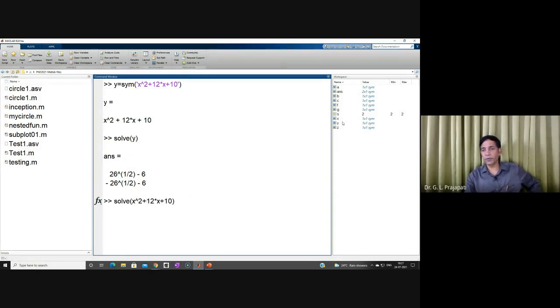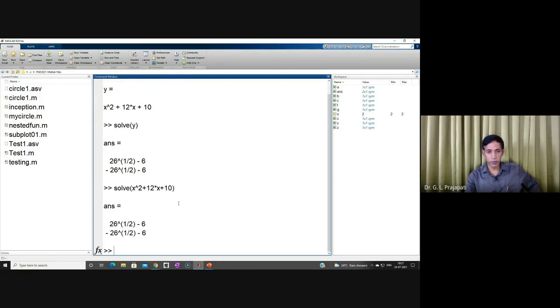Since x you have already defined as symbolic, and this is an expression, it means this is a symbolic expression. So if this is a symbolic expression, you don't require the single quote. So if you solve this, you will also get the same answer.